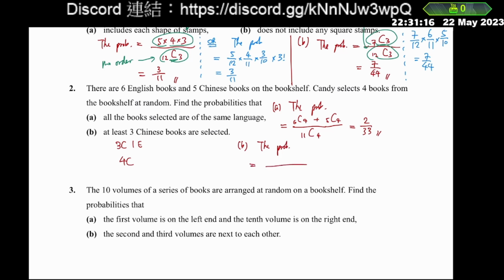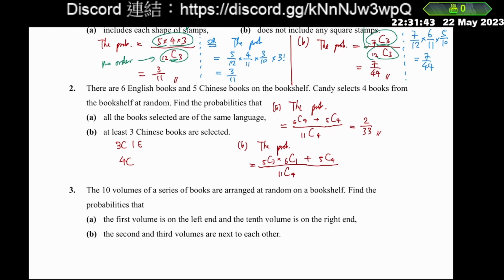So the probability will be everything select 4, and the first one will be for 3C, 1E: 3 Chinese, 1 English. This is the idea for selection from groups: 3 Chinese, so 5C3, and then 1 English, 6C1. Or, we add the other case, where it is all Chinese, so 5C4.